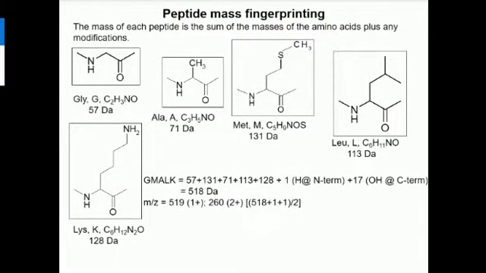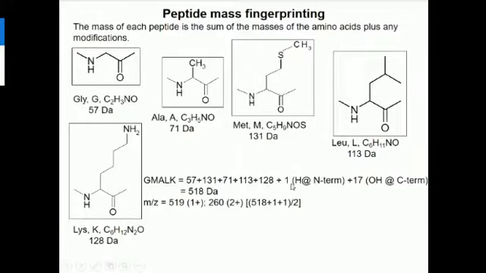So if you're using peptide mass fingerprinting, then the mass of the peptide is going to be the sum of the amino acid residues and any modifications. If we take this example here, this pentapeptide, we've got the mass of glycine, methionine, alanine, leucine, and lysine.